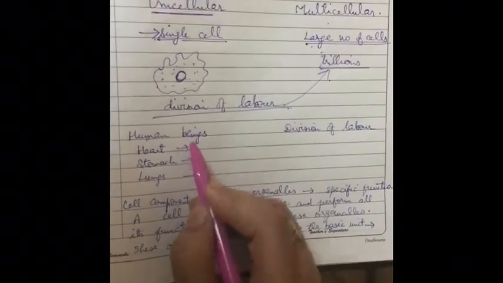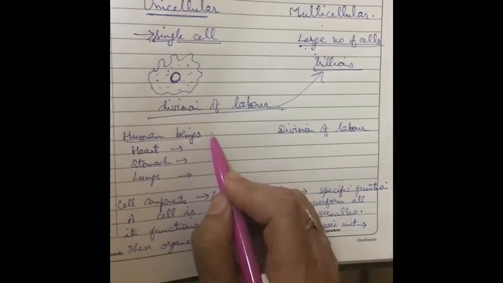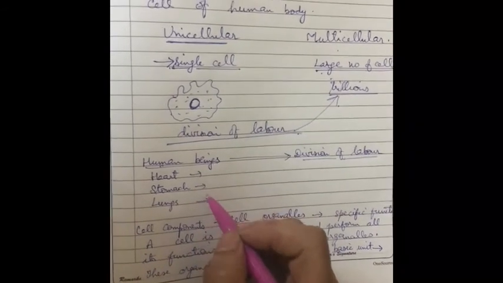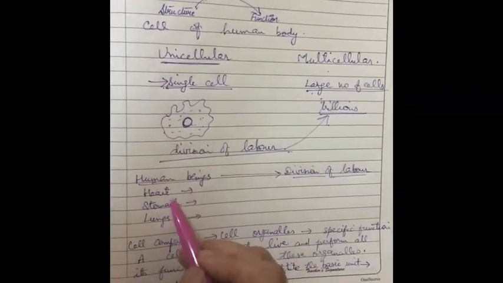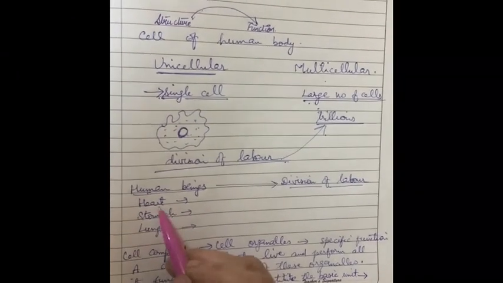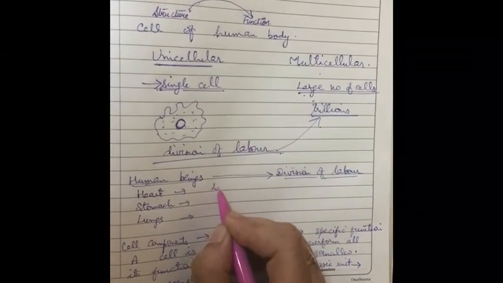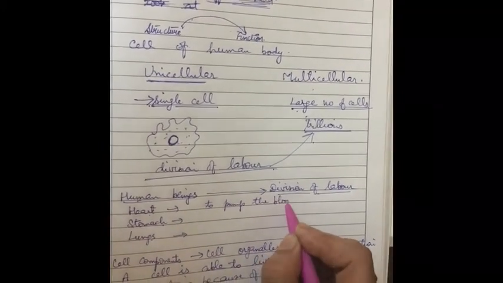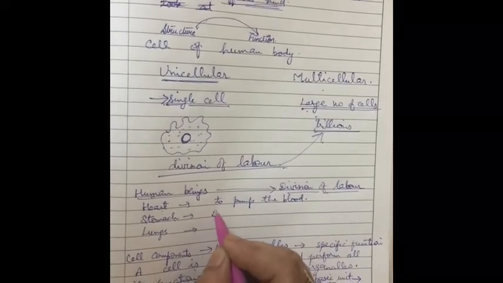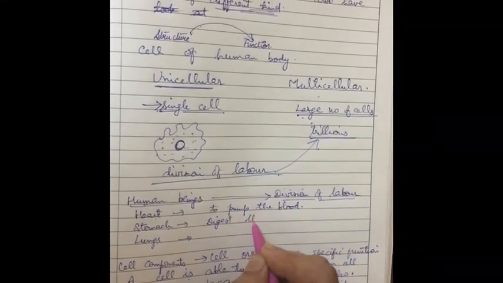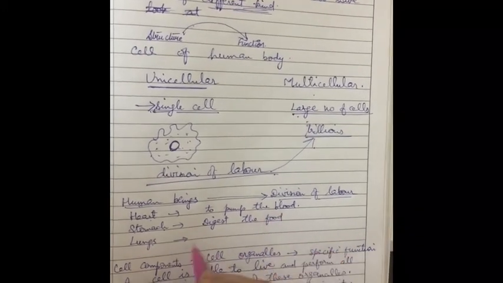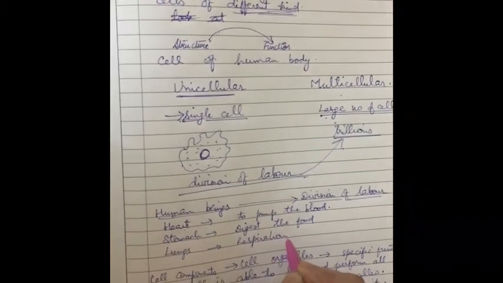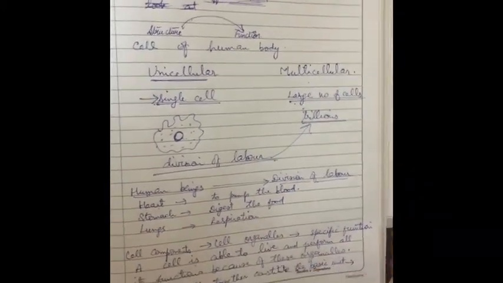Human beings are also multicellular, so they also show the division of labor. As you know, different organs are present in the human body. We have heart, we have stomach, we have lungs, and so on. Heart has to pump the blood to all the organs. Then stomach helps to digest the food, and lungs help in respiration. So there are so many organs present in the human body, and they perform their specific functions.